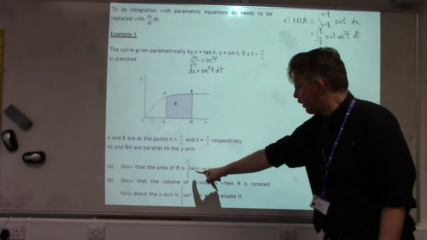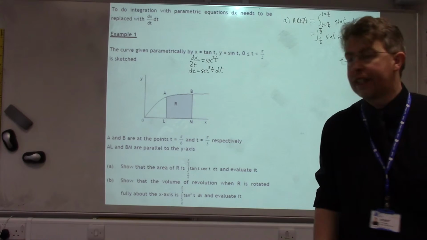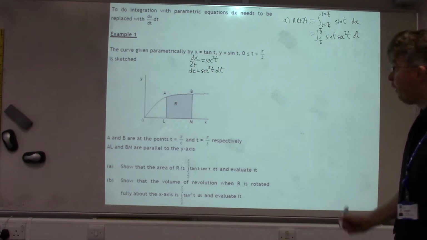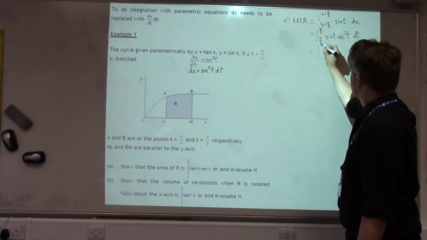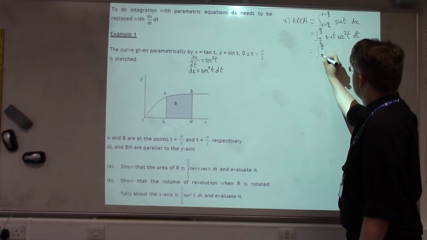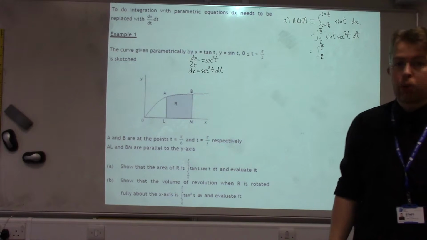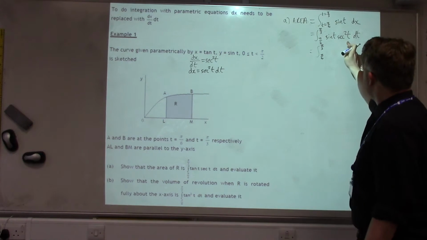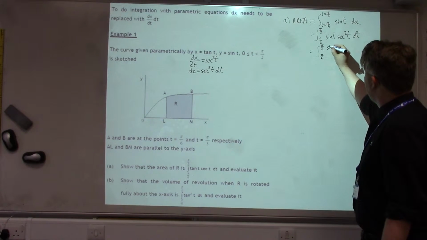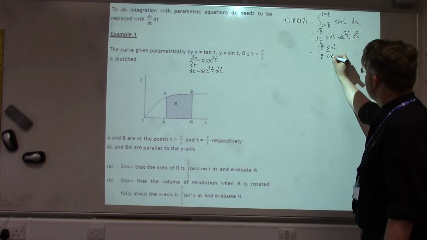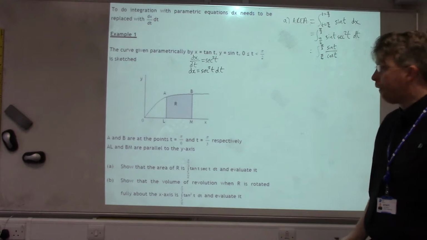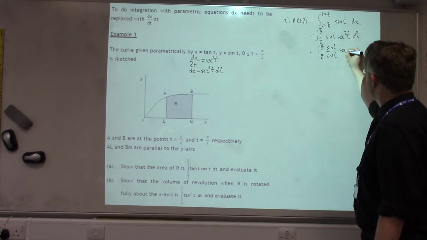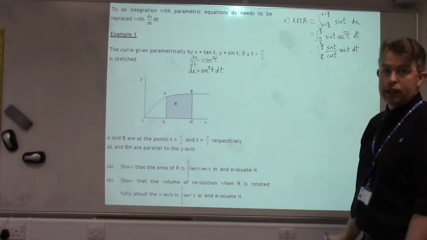Now we want to get the integral of tan t times sec t dt, so we need to do some rearrangement. So sec squared is 1 over cos squared. I want to keep one of the sec t's, so I'm going to have sine t over cos t, because one sec t is 1 over cos t, times sec t dt.